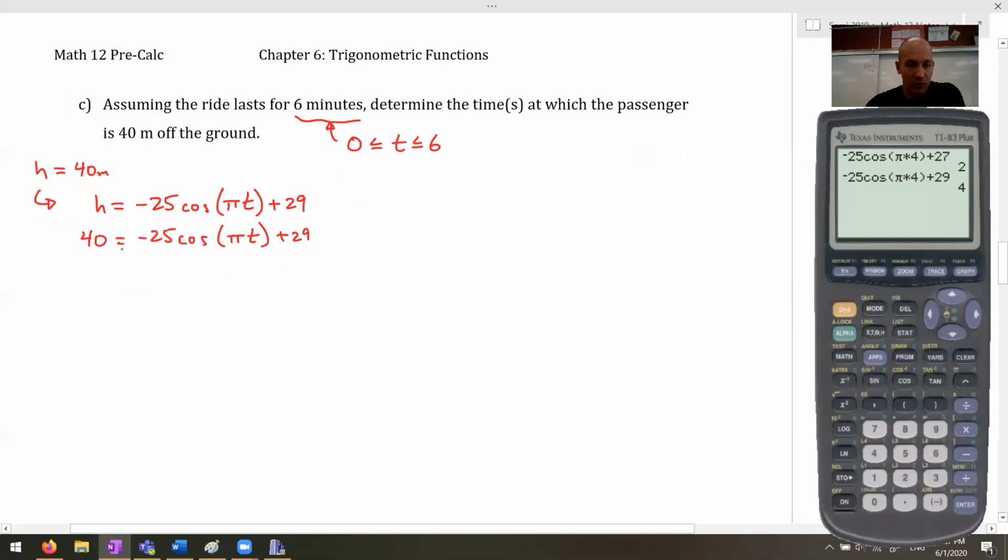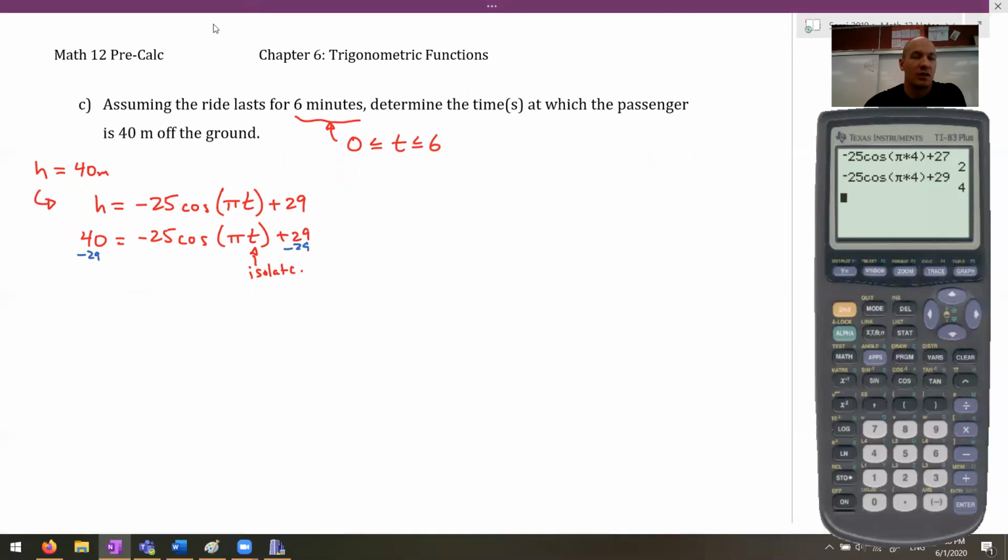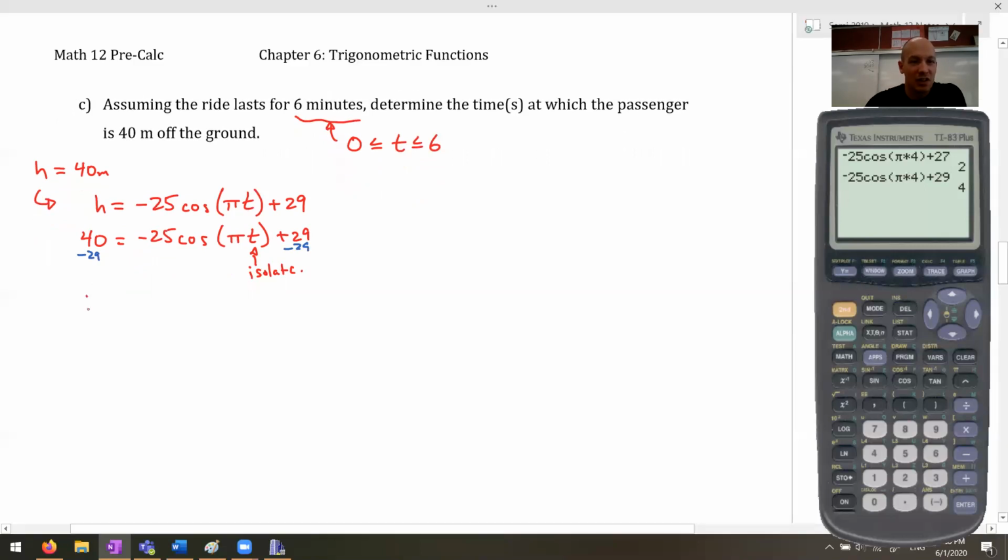If we're going to solve this, we want to isolate t. The steps: first we subtract 29 from both the left side and the right side. This gets me 11 equals negative 25 cos pi t.